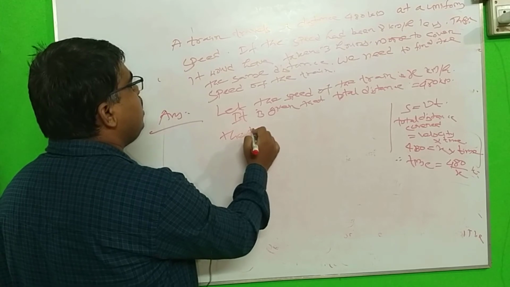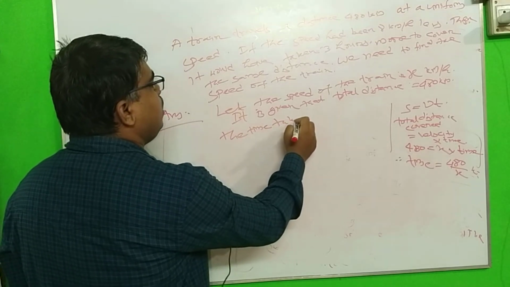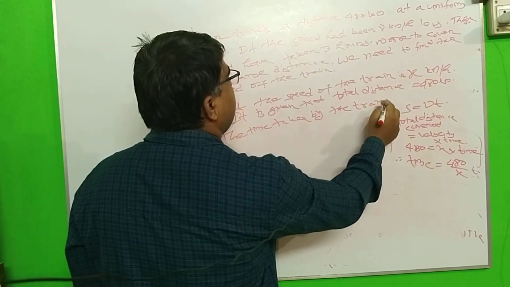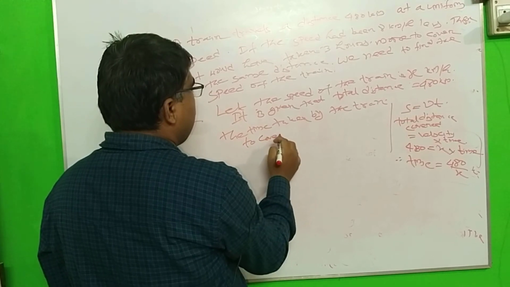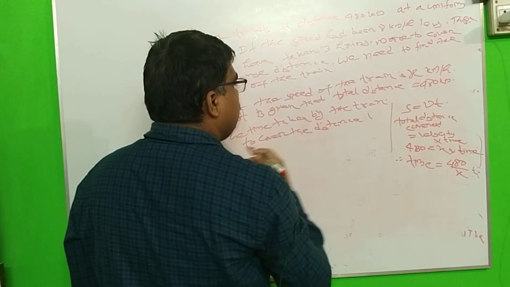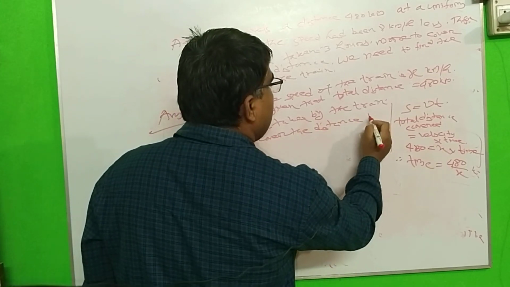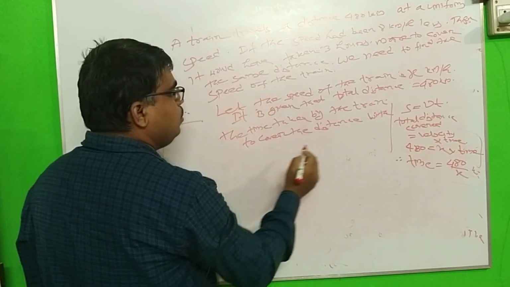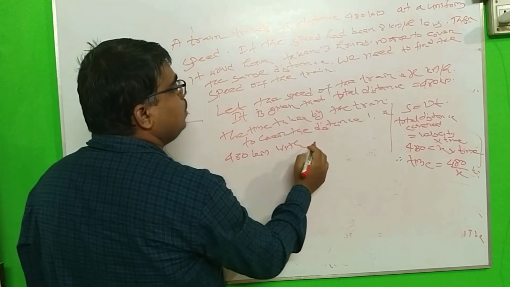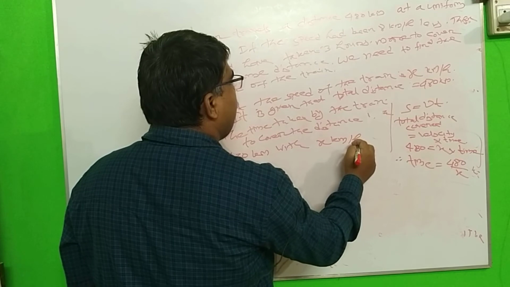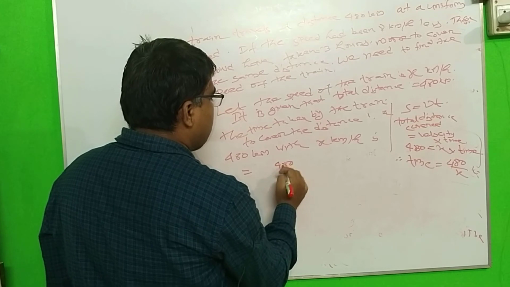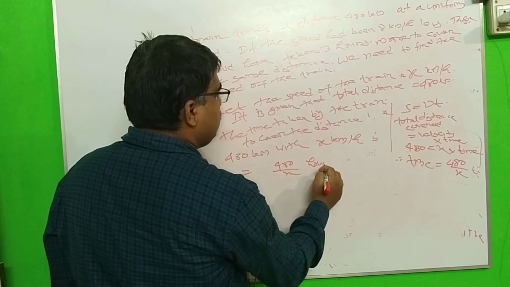The time taken by the train to cover the distance of 480 km with x km per hour is 480 by x hours.